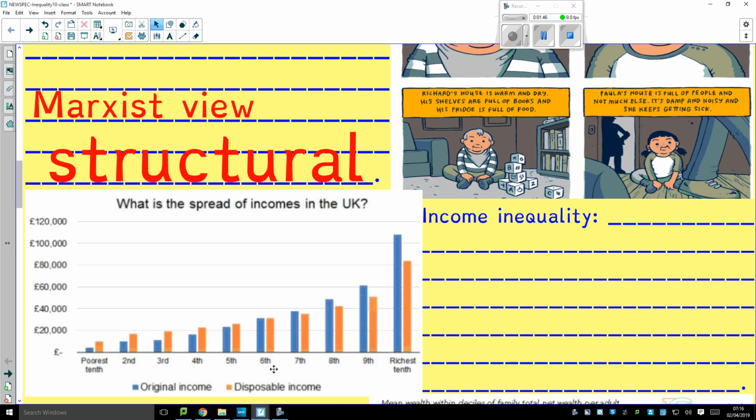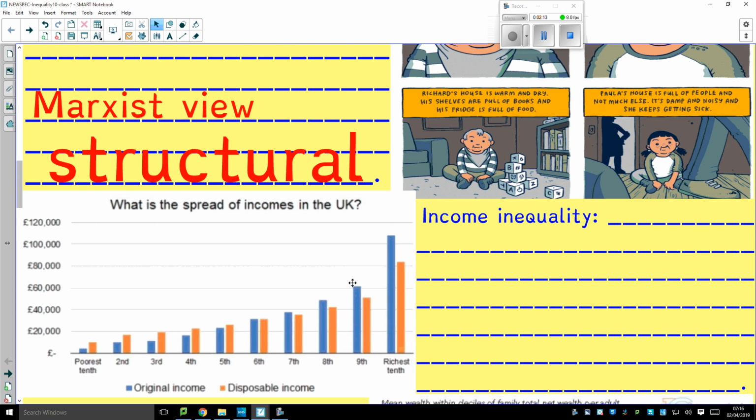The richest 10% earn a lot more than the poorest 10%, and as you go up this system, people earn more. So the richest 10% have an income of over 100 grand this whole year, and the poorest 10% have an income of less than 10 or 20. So there's definitely income inequality.